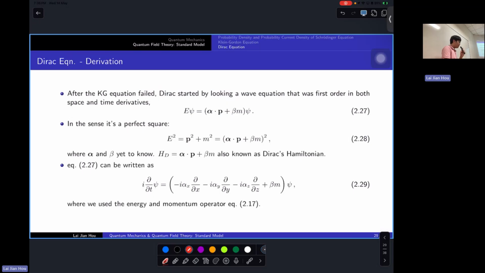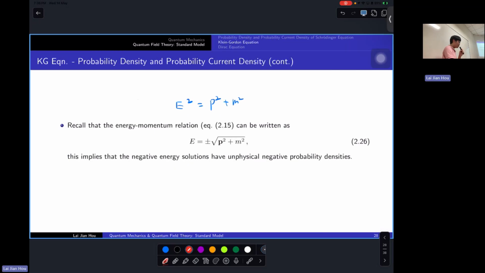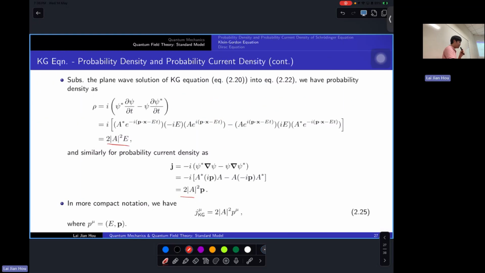Why did the first one fail? Because the probability density has a negative part. In classical mechanics we discard it, but if we are not discarding the negative energy solution, the probability density will be negative.